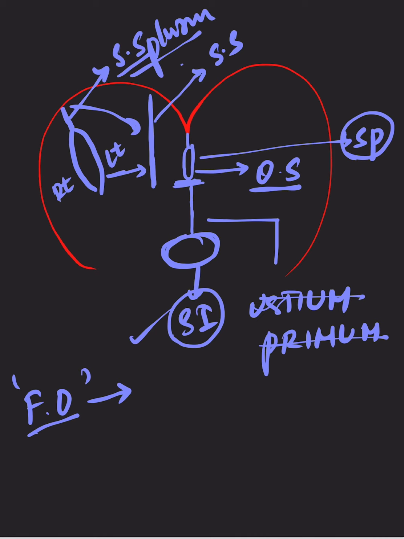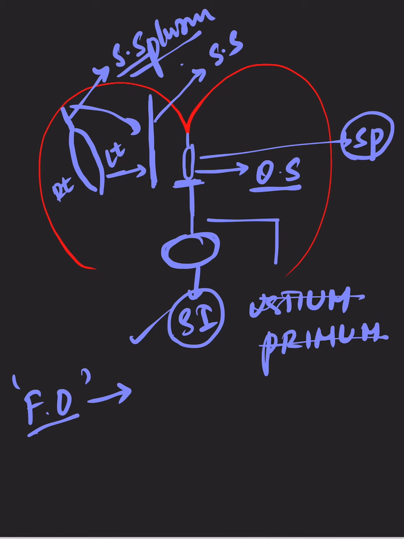Now, we know the septum secundum is a rigid structure, whereas the septum primum is a flap-like structure. What happens is, after the birth, the left atrial pressure will increase because lungs start functioning, and it sends the blood through the pulmonary veins.